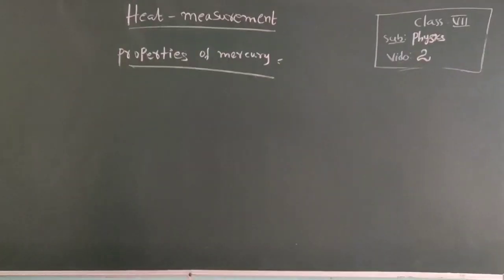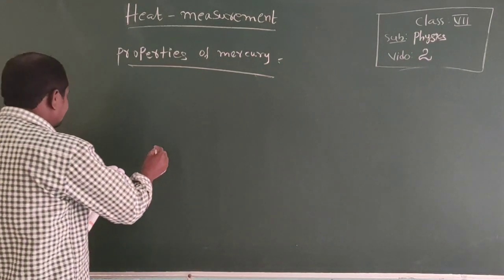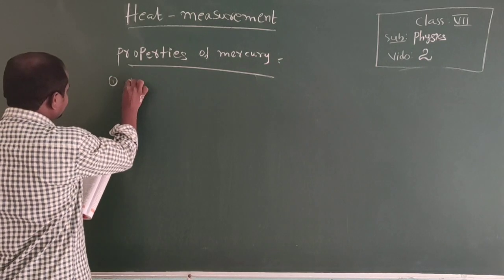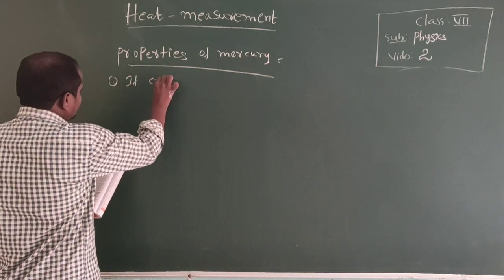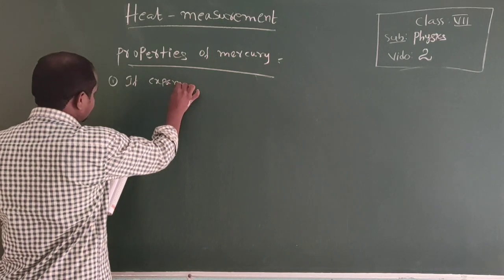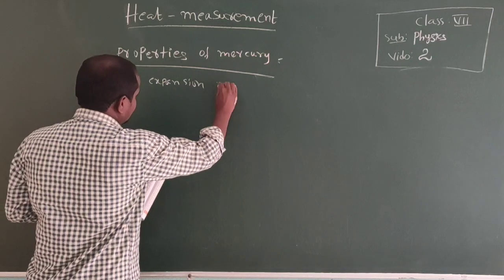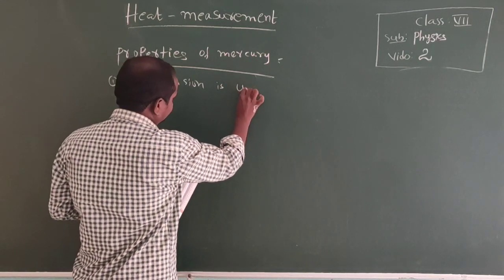So properties of mercury. First one, it expands uniformly.